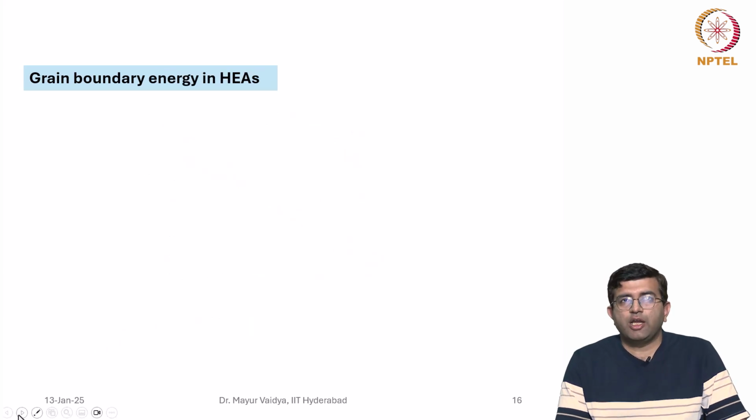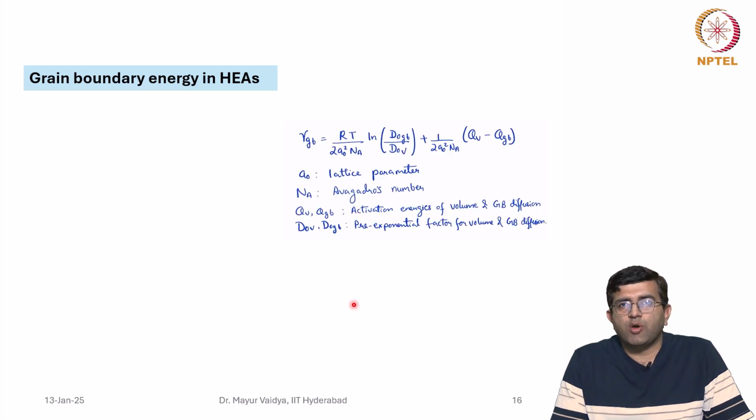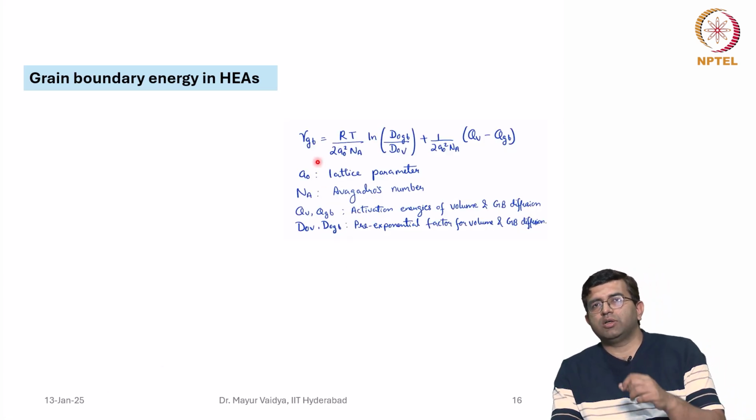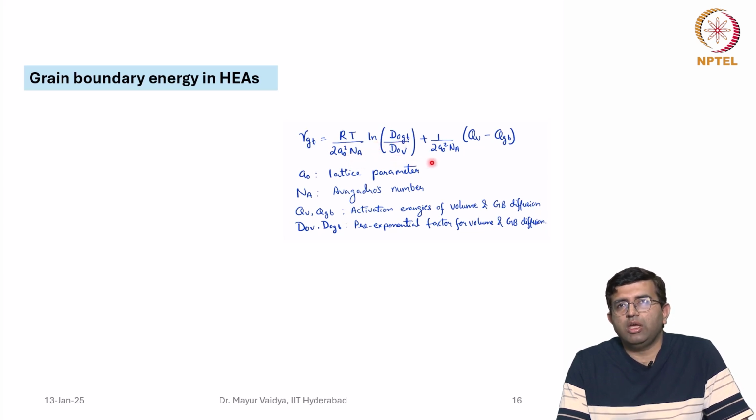Then in high entropy alloys, what has also been attempted is to measure the grain boundary energy. The grain boundary energy is related to the diffusion coefficient by this formalism, which is RT by 2 a naught square Na ln D naught GB by D naught V plus 1 by 2 a naught square Na QV minus QGB.